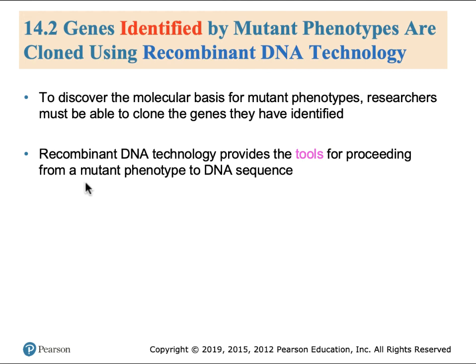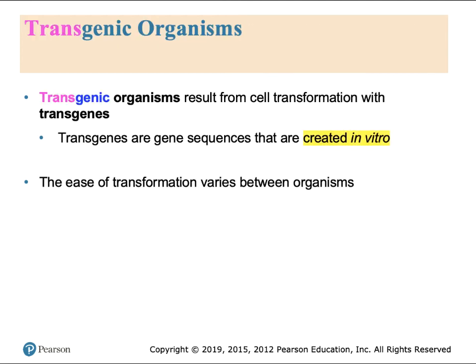The main leap is from the mutant phenotype to the sequence of the DNA of that particular segment of the chromosome. The term transgenic organism, which elicits in lots of people's minds the images of monsters, is basically the term applied by geneticists to when somebody takes two DNA sequences, either natural or artificially made, and puts them together and then introduces them into an organism. That organism would then be referred to as transgenic.